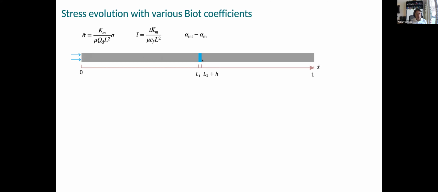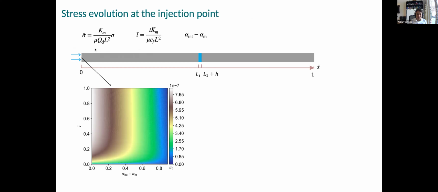We also found that if we scale the stress and time with these dimensionless numbers, all the results converge into the same profile. Using these dimensionless variables, we can collapse all the results into a single figure. So this is what we have.